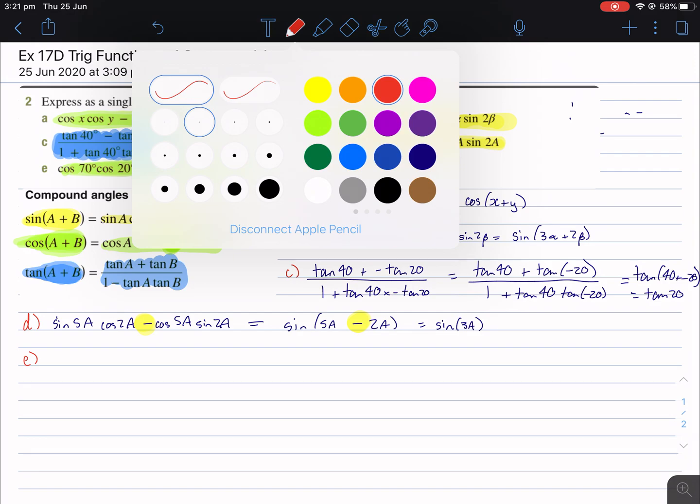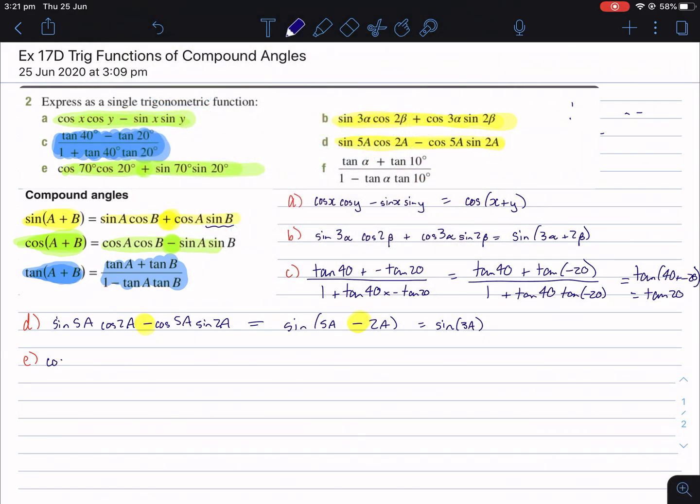So we'll just go with the second one. Mostly because if we had negative 70 plus 20, the whole thing would have gone weird.